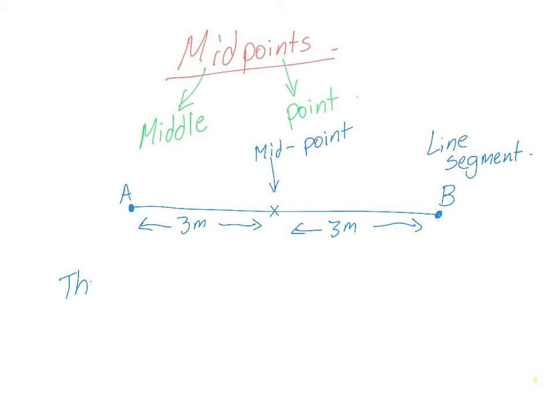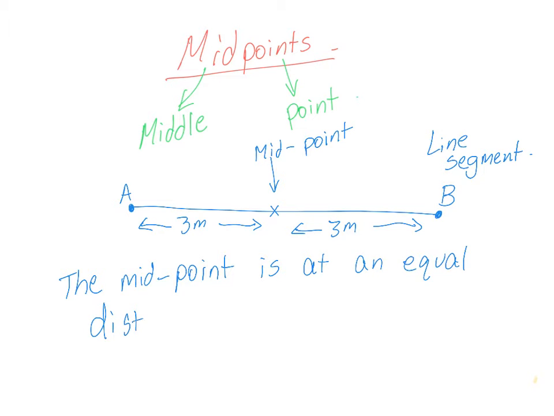So the midpoint is at an equal distance from endpoints A and B. So we can predict where the midpoint is just by knowing the total length.